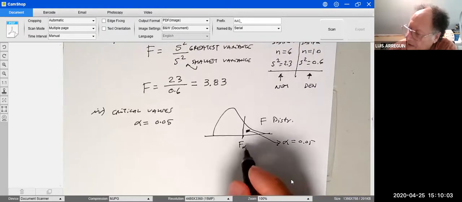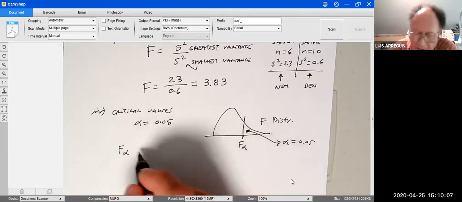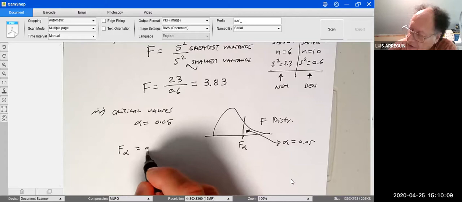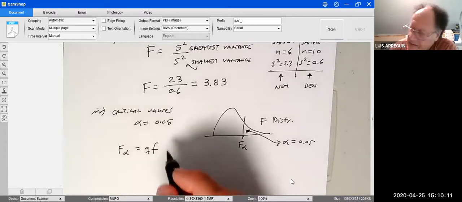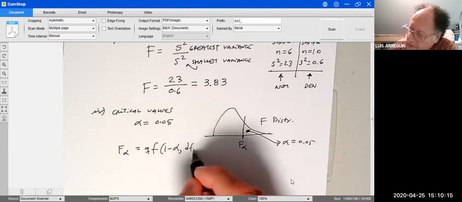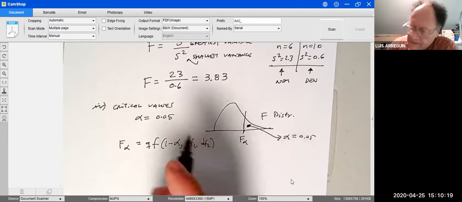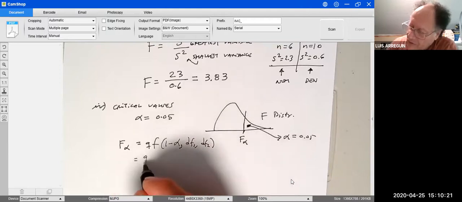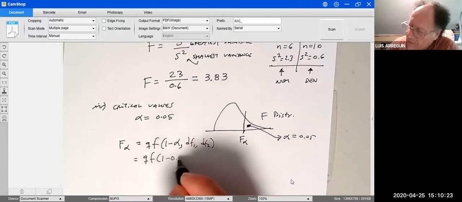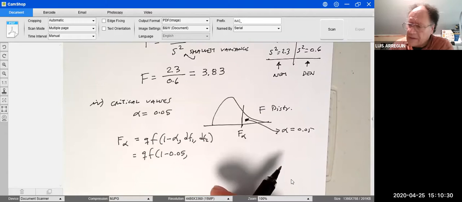To find this value of F, I'm going to use just qf in R, entering 1 minus alpha, degrees of freedom 1, degrees of freedom 2. So this is going to be qf of 1 minus 0.05, because alpha is 0.05.